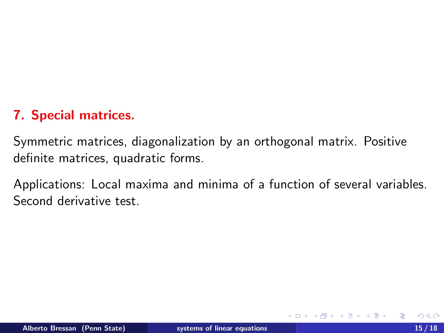Okay, so some special matrices would deserve some attention from us. These would include symmetric matrices and the diagonalization by an orthogonal matrix. And then another is positive definite matrices and quadratic forms of them.